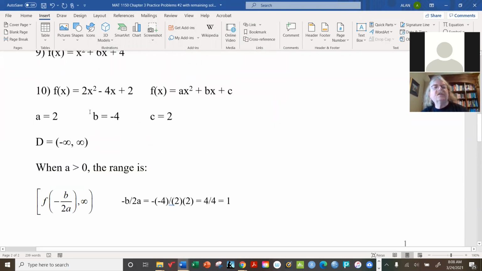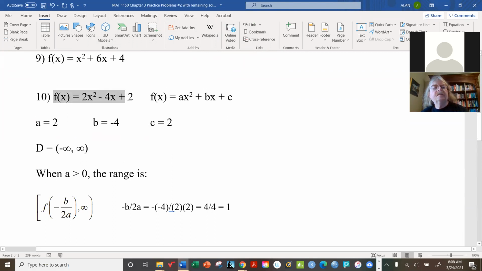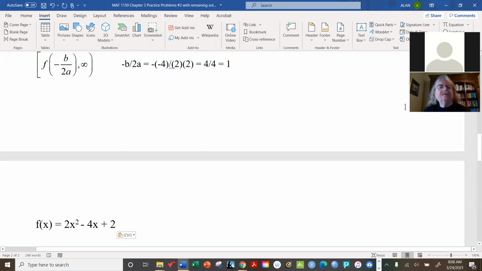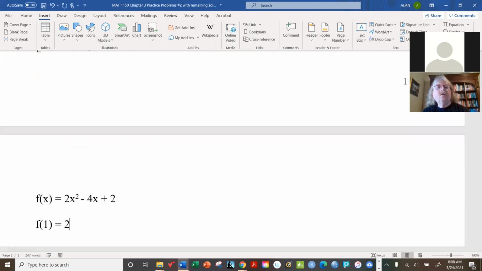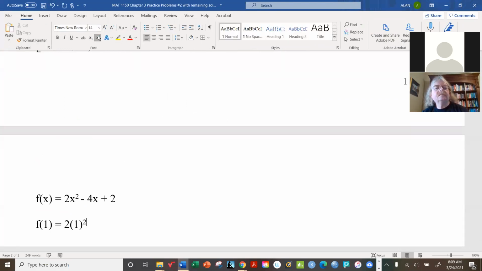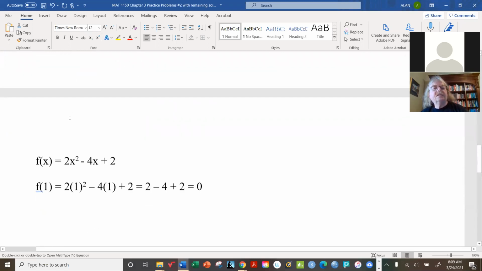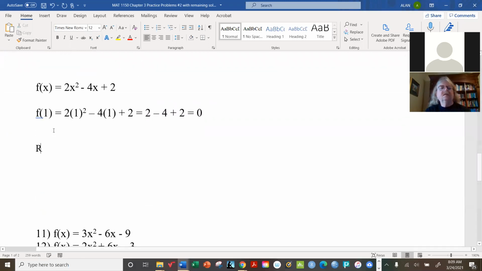Now, given the original function, f of 1 would be 2 times 1 squared minus 4 times 1 plus 2, which equals 2 minus 4 plus 2 equals 0, as a matter of fact. So therefore, the range starts from 0, and that includes the 0, by the way.